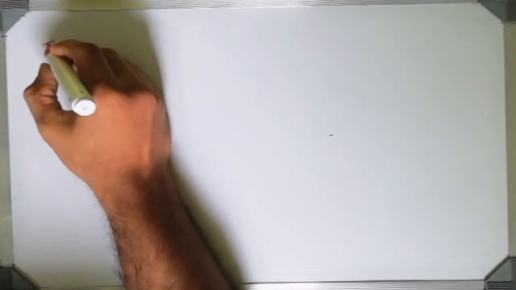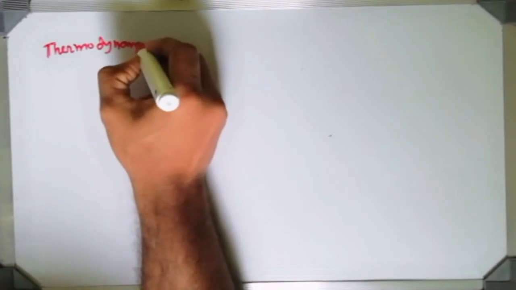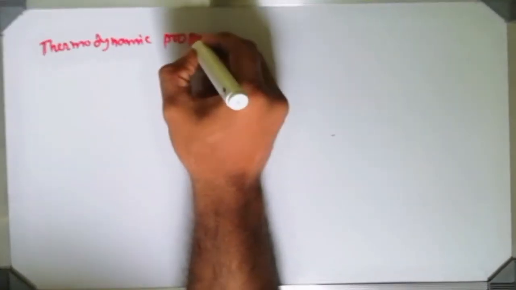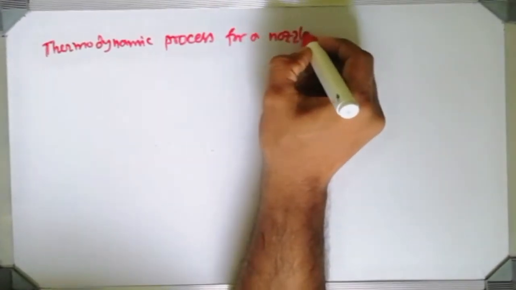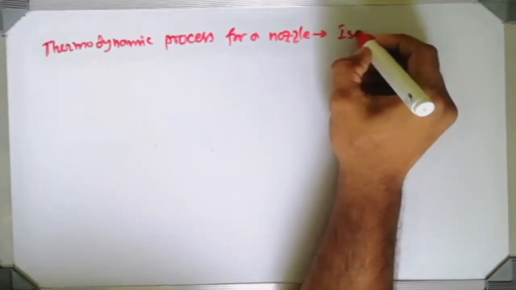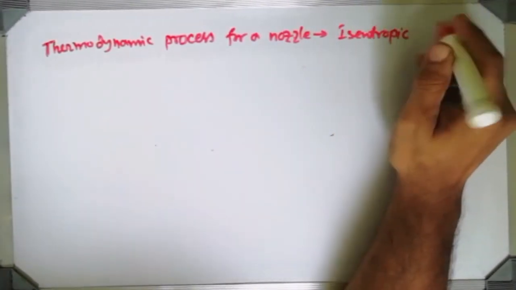Theoretically, for a nozzle, we can say ideally it is an isentropic process. Isentropic process means it is a reversible adiabatic process, we also say.